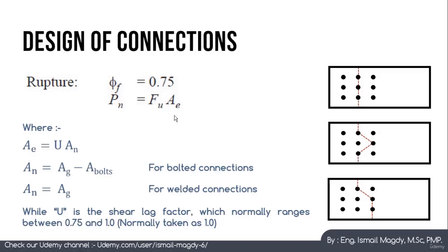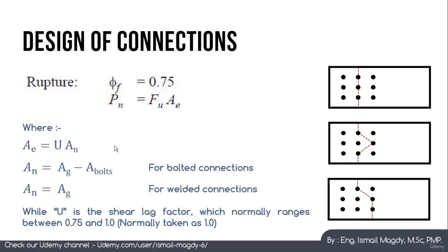To check this failure, again rupture, we have this equation, which is phi, this is for the steel, it equals 0.75, and Pn, which is the strength available for the connection, equals F ultimate multiplied by area effective. And area effective equals U multiplied by area net, where U is the shear lag factor. It normally equals 1, or we normally take it as 1, and most of the time it is given in the problem itself.